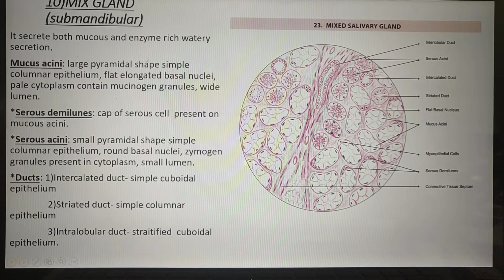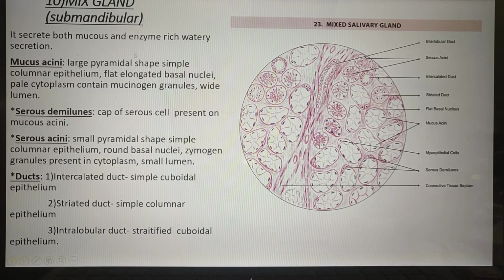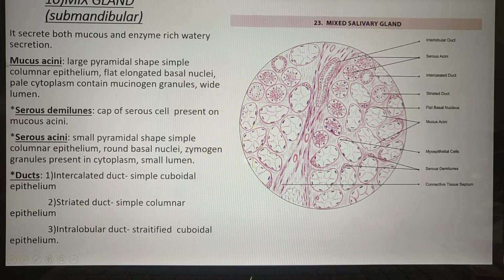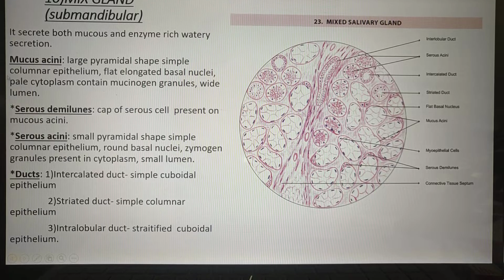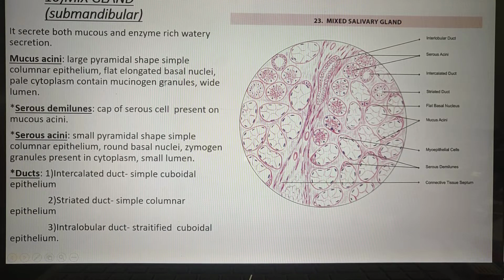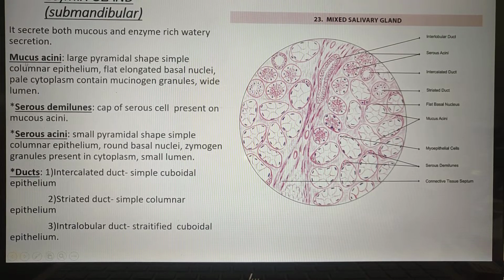The mixed gland is the submandibular gland. It secretes both mucus and enzyme-rich watery secretions. Mucus acini are pyramidal in shape, with simple columnar epithelium, flat elongated basal nuclei, and pale cytoplasm containing mucinogen granules, with wide lumens.